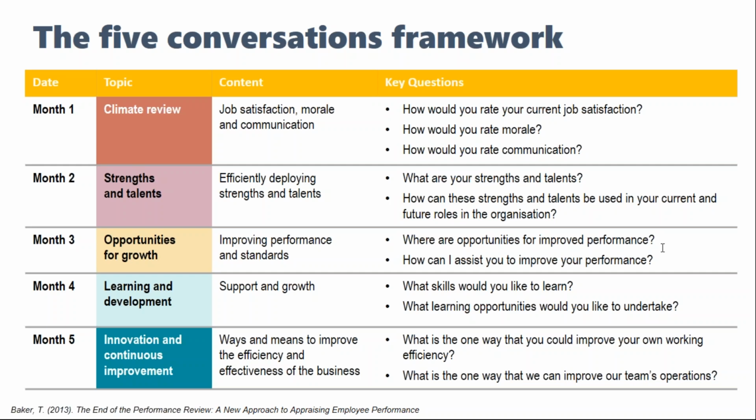Now, the whole purpose of conversation 2 is to establish some of the innate talents that your team members have and consider how those talents can be better utilised in their current or future work. That's succession planning. So conversation 2 is pretty much around your succession planning.